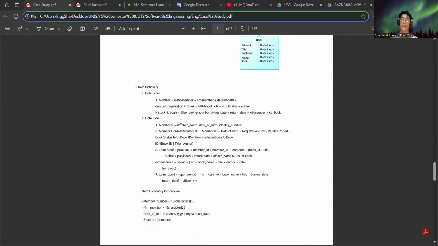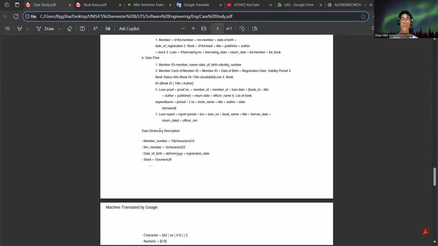We need to make output like the member ID, member card, and book data info, book ID, loan date, and loan book. We can make it up as a combination of the data stores. So this is the data dictionary question.